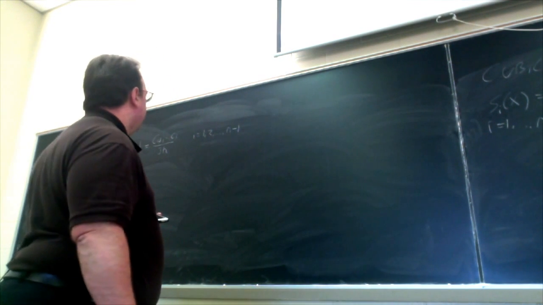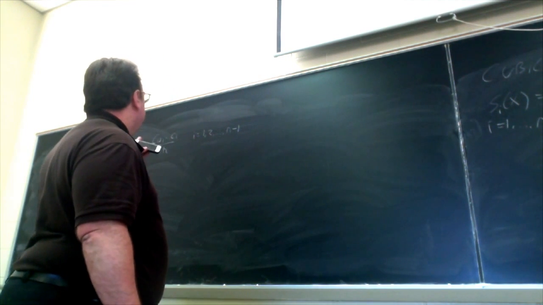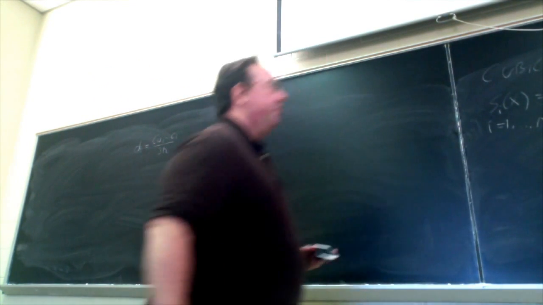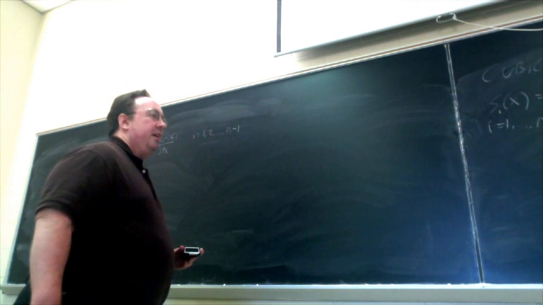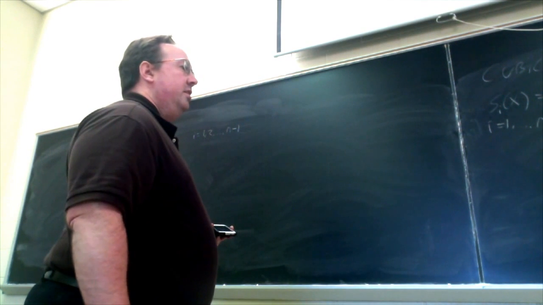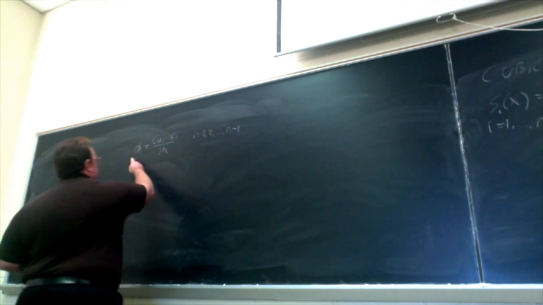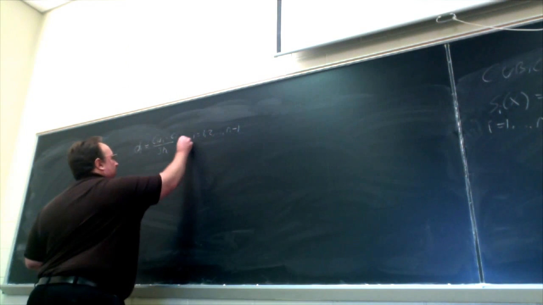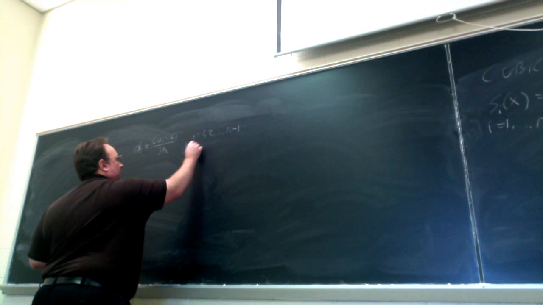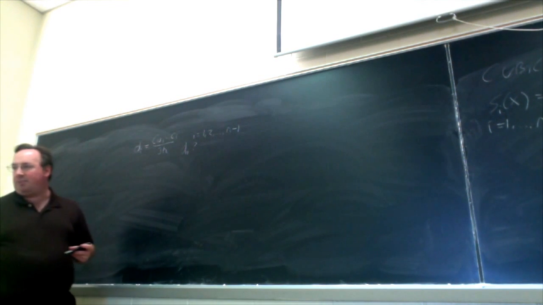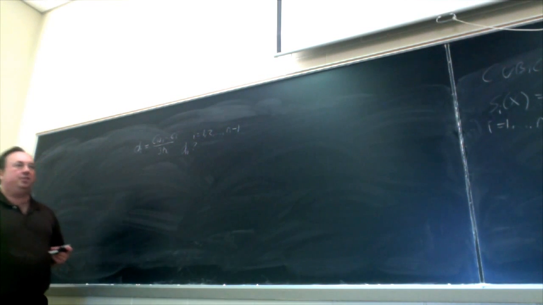I think I might have goofed before, because I'd written 1 to n, but this comes from this equation, and we only have that for i equals 1 to n minus 1. So that gives us not every single d, but most of them: d1, d2 up to d_{n-1}. What about d_n? Is there something that I've written that tells us how to get d sub n?